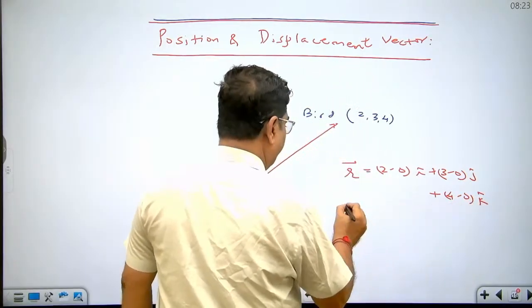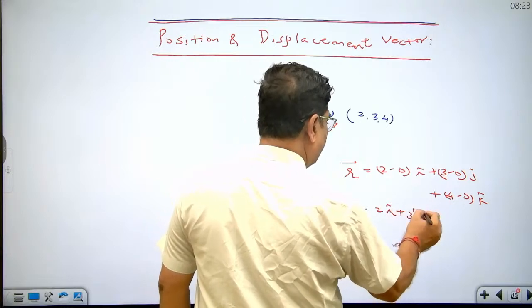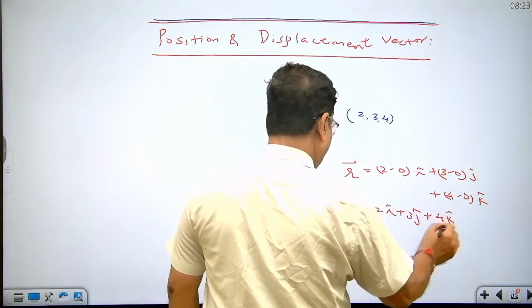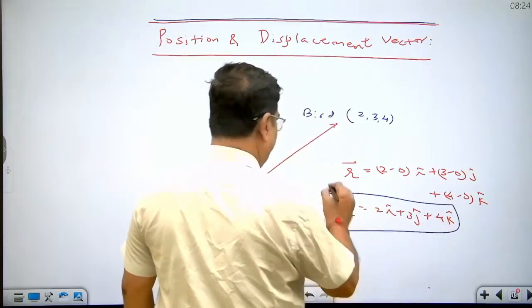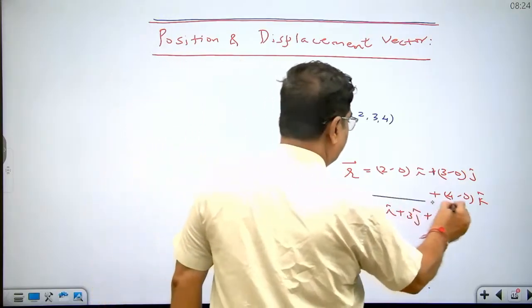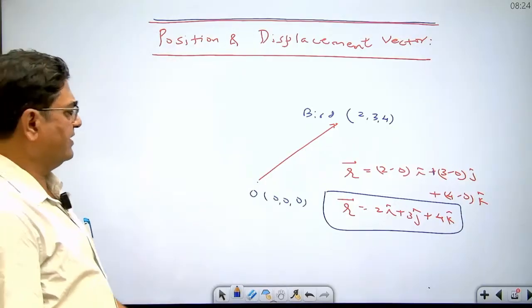Okay. So the equation of the position vector of the bird is 2i cap plus 3j cap plus 4k cap. Dear student, this is the equation of the position vector of the bird. Okay. Now let's talk about the displacement vector.